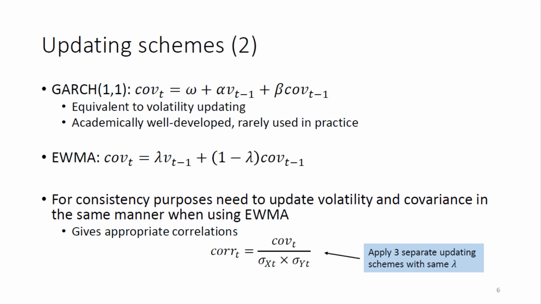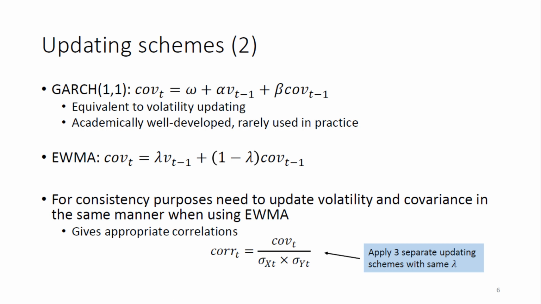And then on top of that, I have the covariance as I determined it one period ago at time t minus 1, which I have at my disposal, and I weigh that with 1 minus lambda. So if I do this exponentially weighted moving average with a particular lambda, and for consistency purposes, I use the same lambda to do the updating of the individual volatilities of the variable x and the volatility of the variable y, then I get an updating scheme for the covariance.